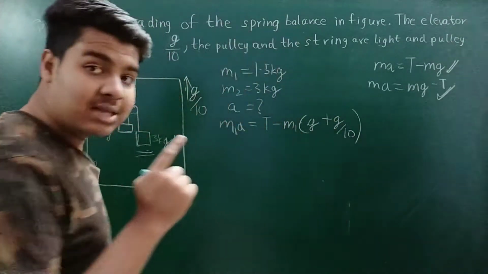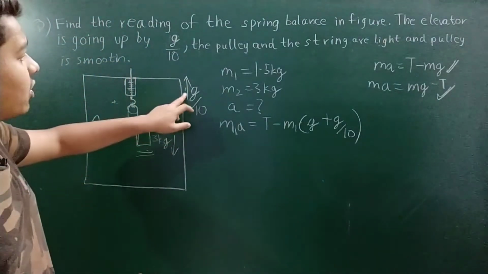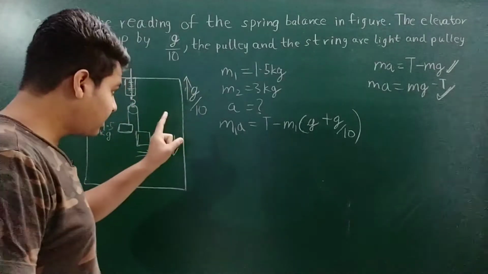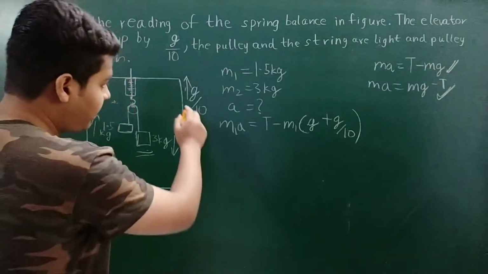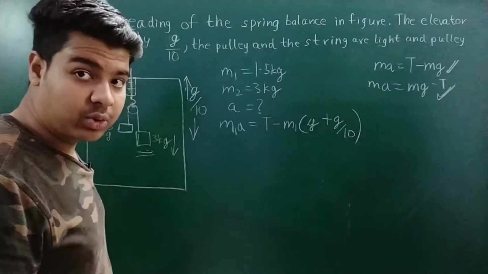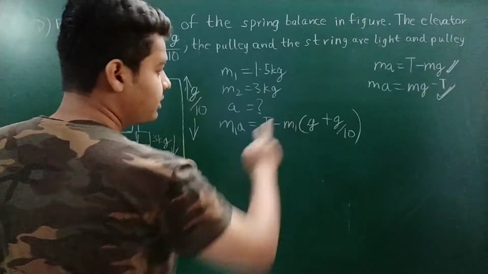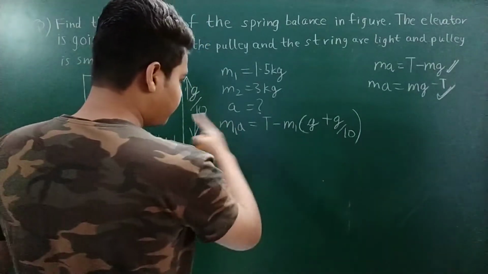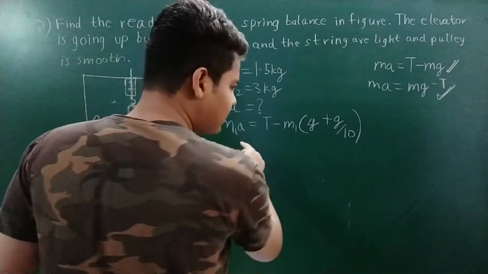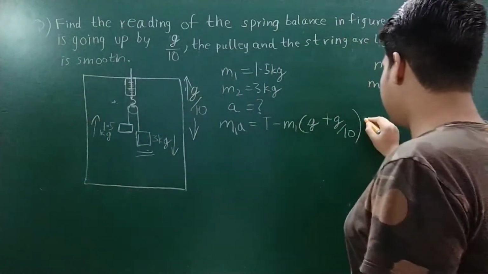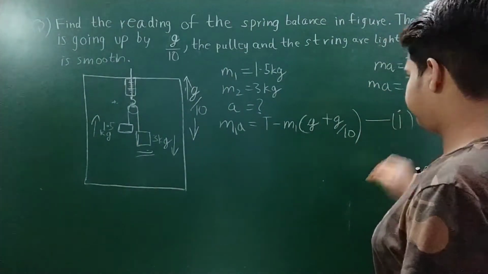Here g by 10 is added because I have said that it is going up with an acceleration of g by 10, but I have also mentioned that g by 10, however much up it goes, will always be acting downwards. So with this, g by 10 will also be added. Let us now, without putting in the values, consider this as equation number 1.